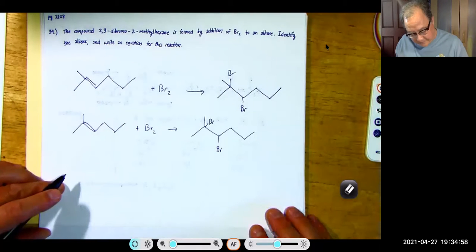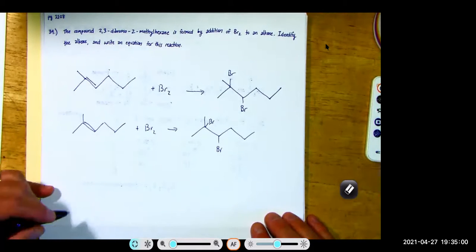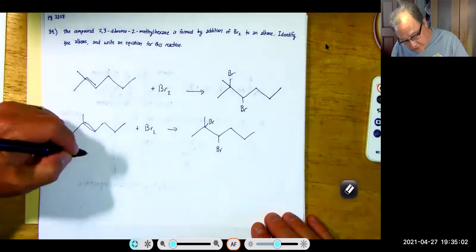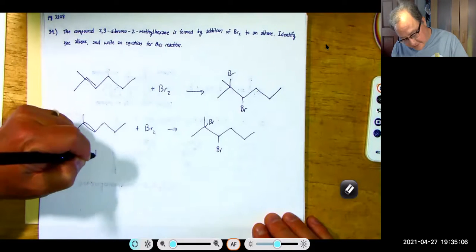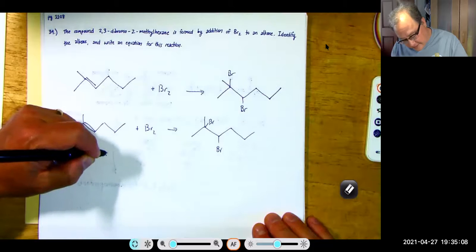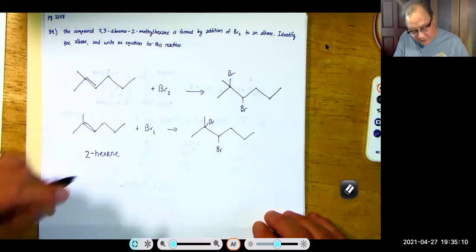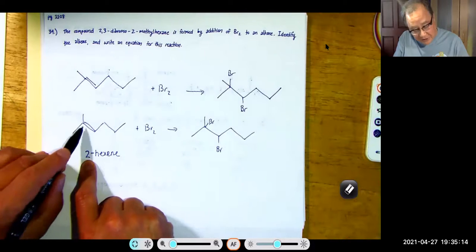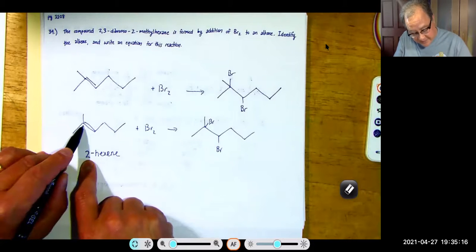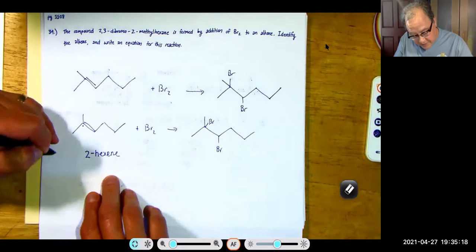Yeah, it would just be 2-methyl-2-hexene. So what's the 2 mean? It's where the double bond starts. And then it would also be 2-methyl.